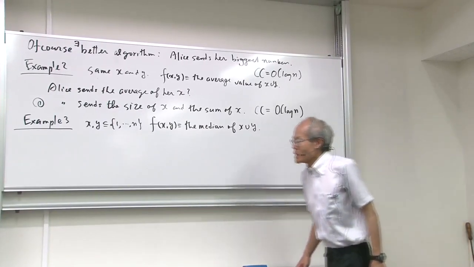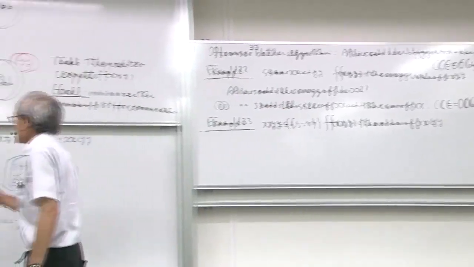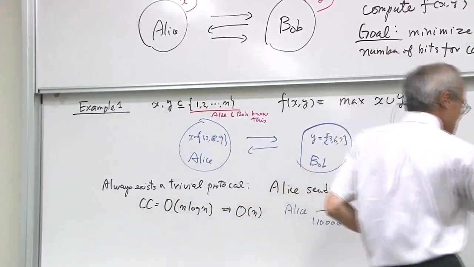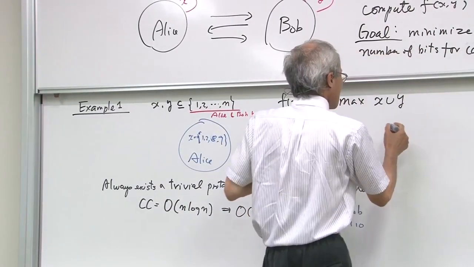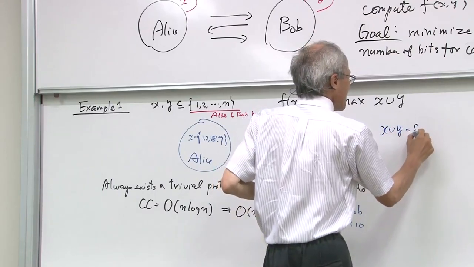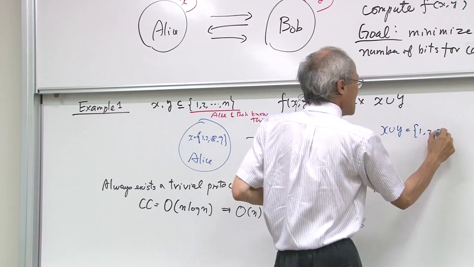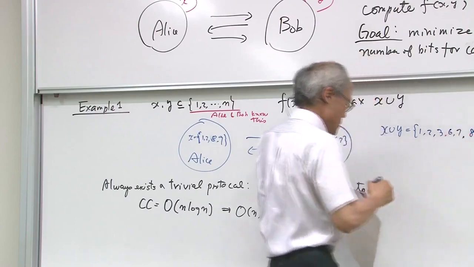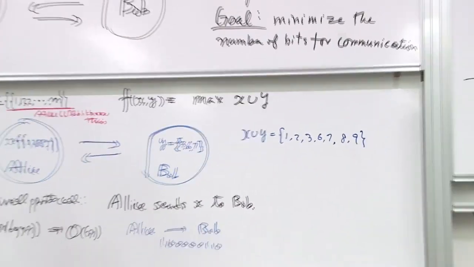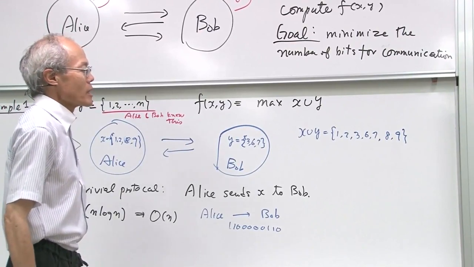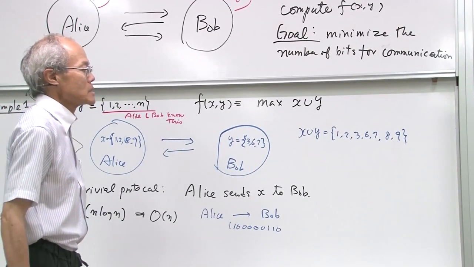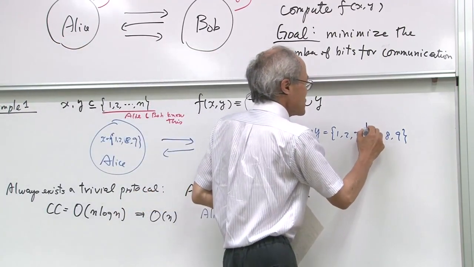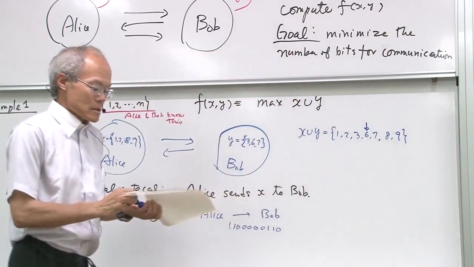In this case, the union of x and y is 1, 2, 3, 6, 7, 8, 9. And the median is exactly the middle number. In this case, that is 6. Okay?